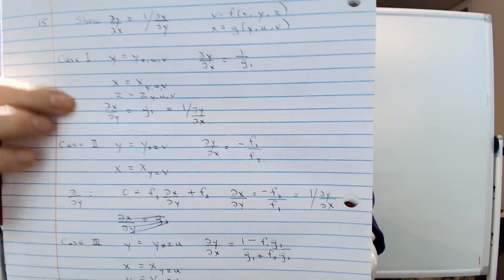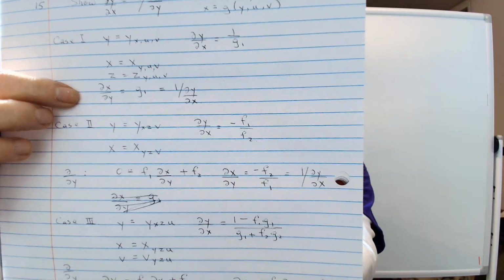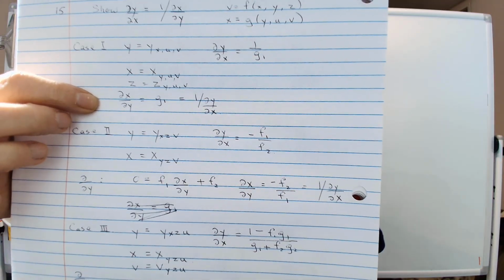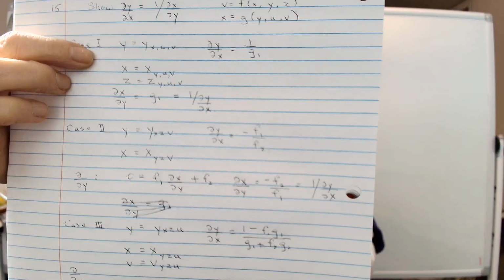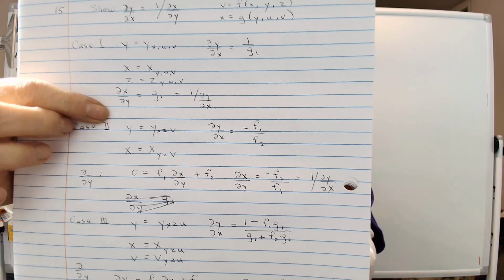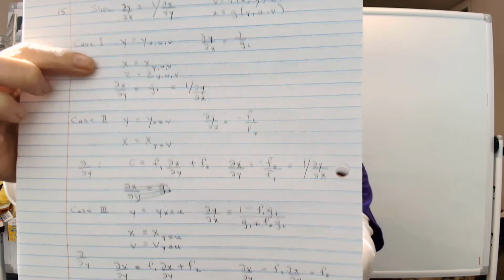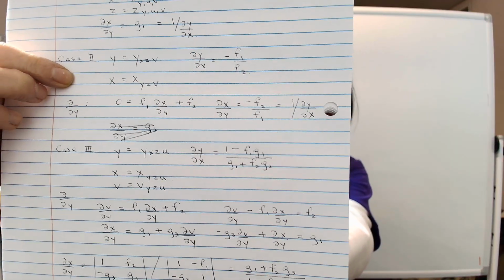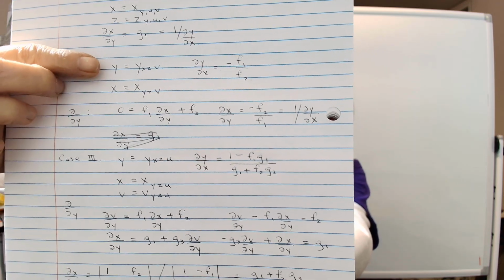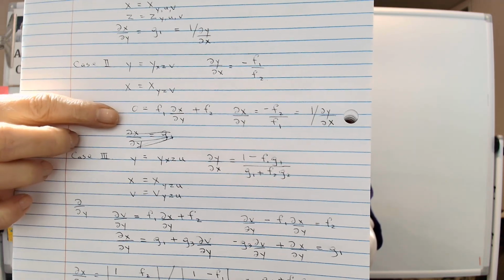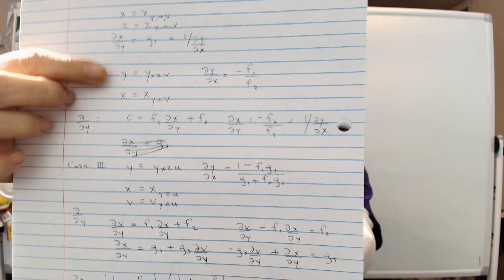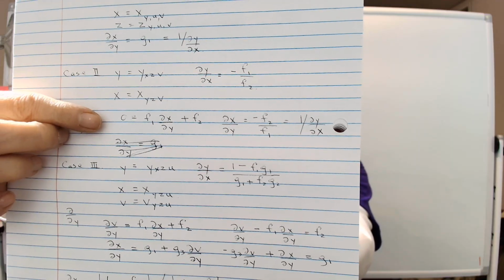Here's case 1. After you calculate it, I think that's quite short. And then I figured out partial x, partial y, and partial y, partial x. And so case 2, same thing. We have partial y, partial x there, and partial x, partial y is here, which happen to be the reciprocal, is what they're called. Right?